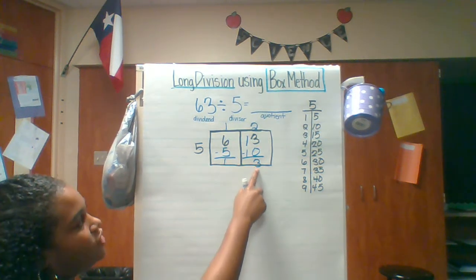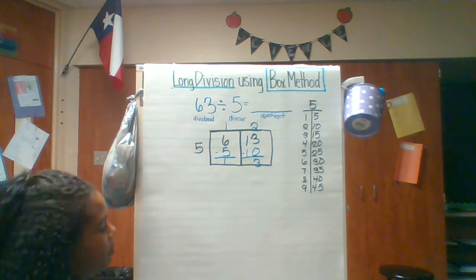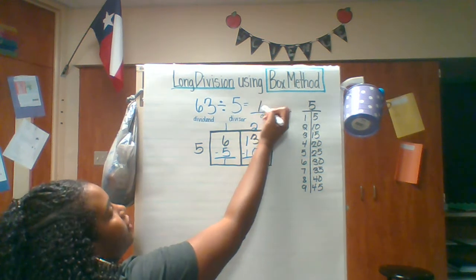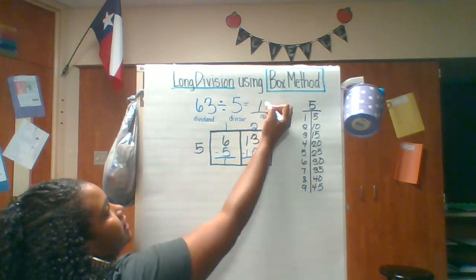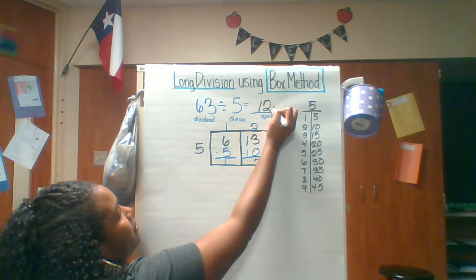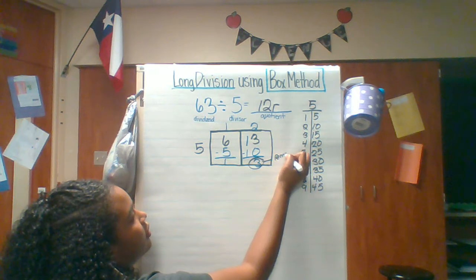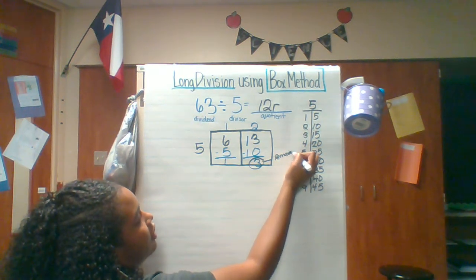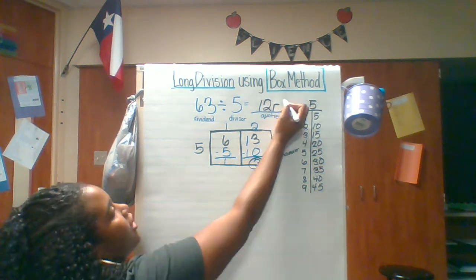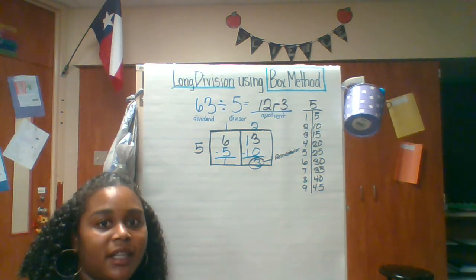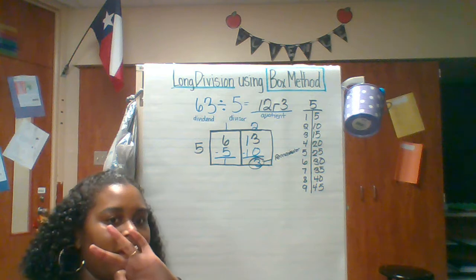So that is how much did not make it into the groups. So our quotient would be 12 with a remainder of 3.